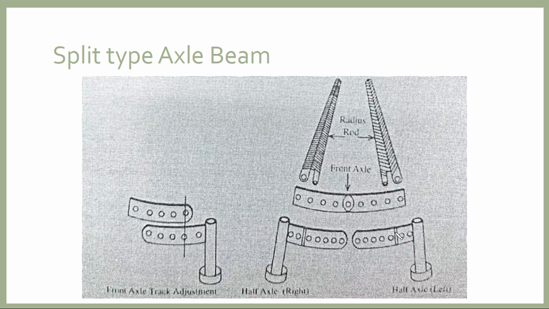So the wheel track of the tractor can be changed by adjusting the length between the two front wheels with the split type of axle.